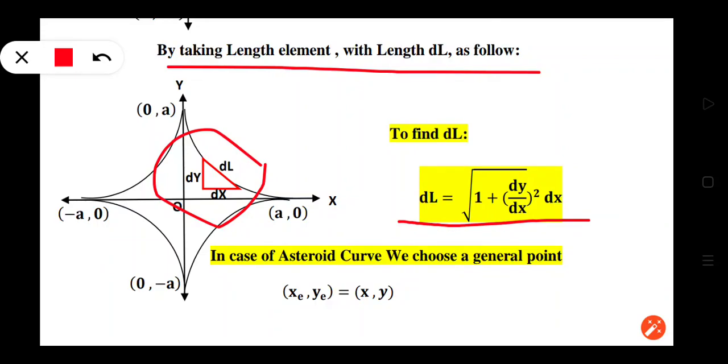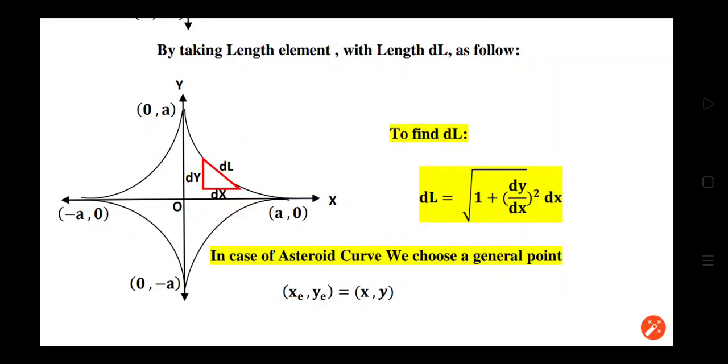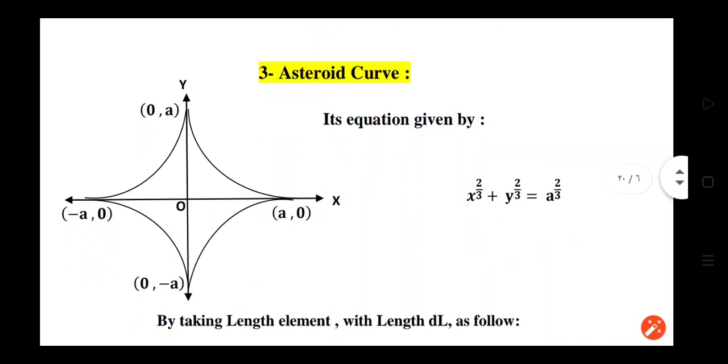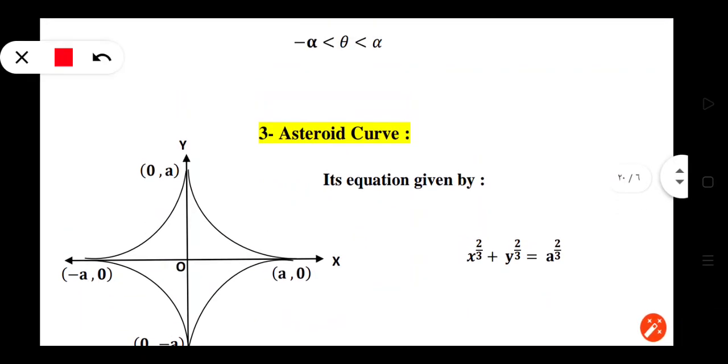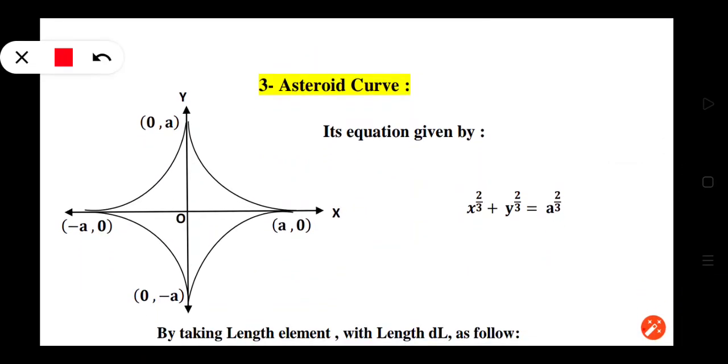We note that it depends on the value of dy over dx, which we can find by using the equation of the asteroid. Using the equation of the asteroid, we can find dy by dx to solve and find the center of gravity for the asteroid curve.